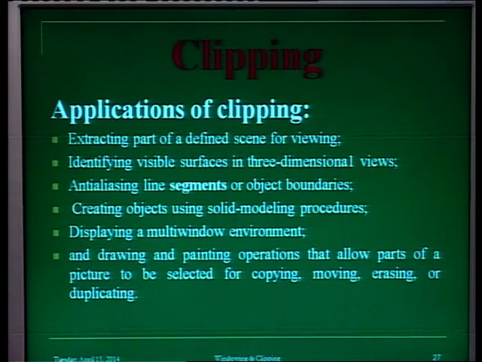The active window is displayed completely, and the portions of the inactive windows behind the main active window that are to be displayed will be exterior to the active window only. In that, exterior clipping is used. Then drawing and painting operations allow parts of a picture to be selected for copying, moving, erasing or duplicating. These are the various applications of clipping.